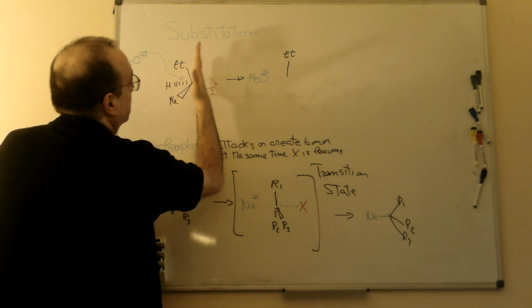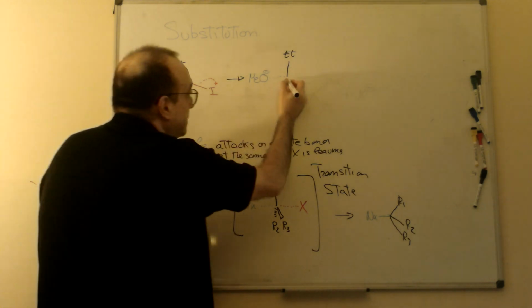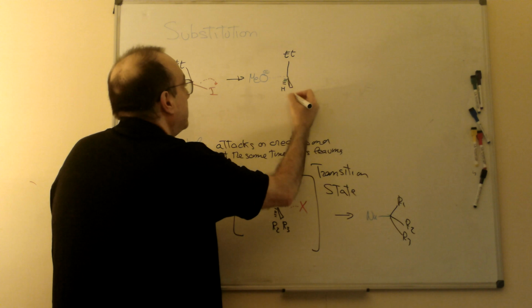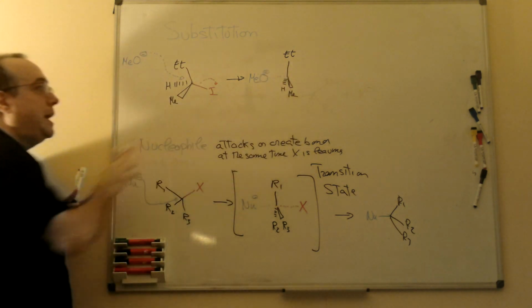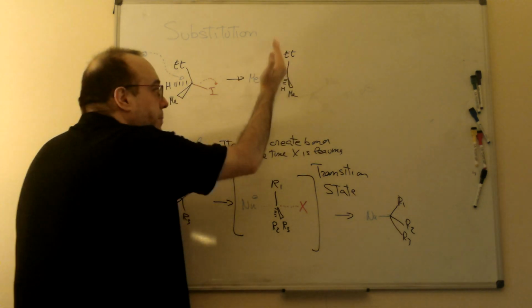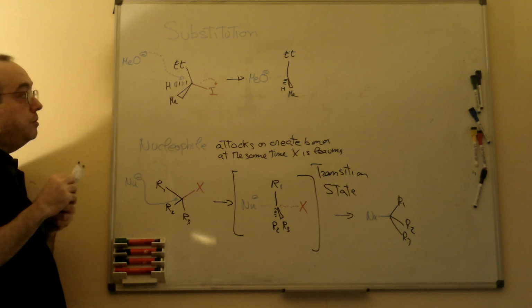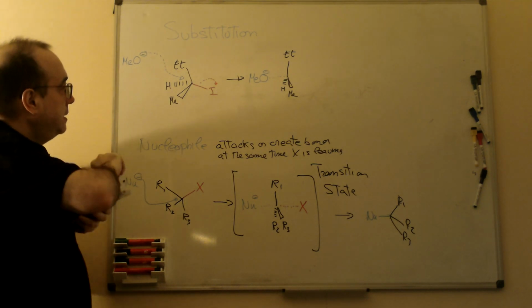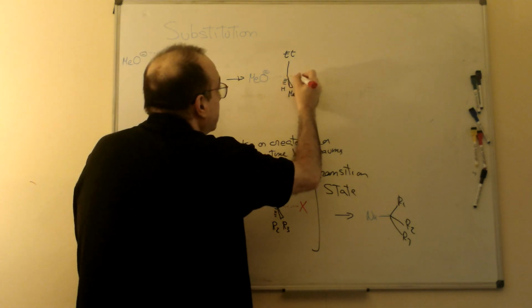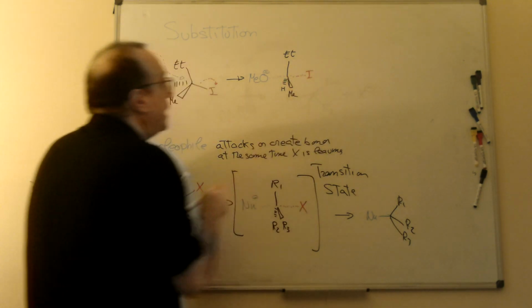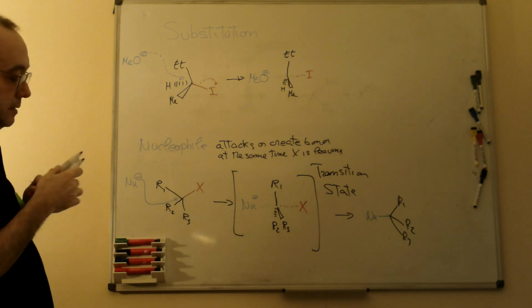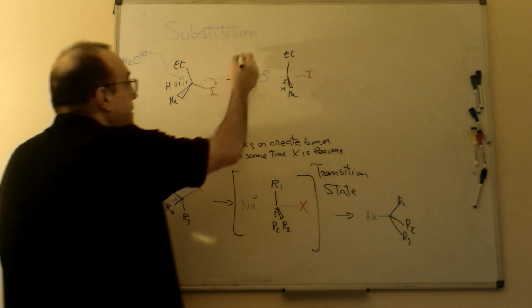That means that we will now put planar, hydrogen inside, the methyl here. This is planar, in a plane perpendicular to the whiteboard, and we are breaking the carbon iodide bond now.